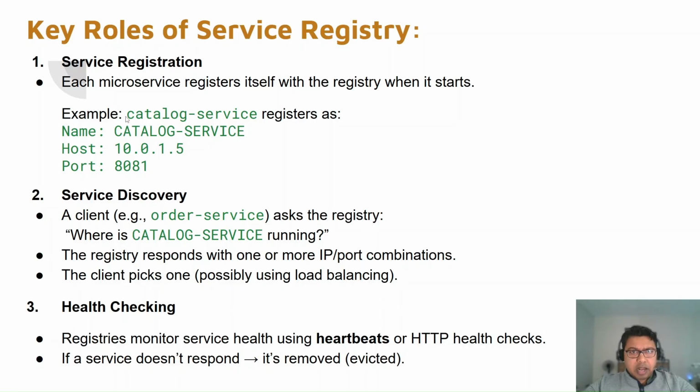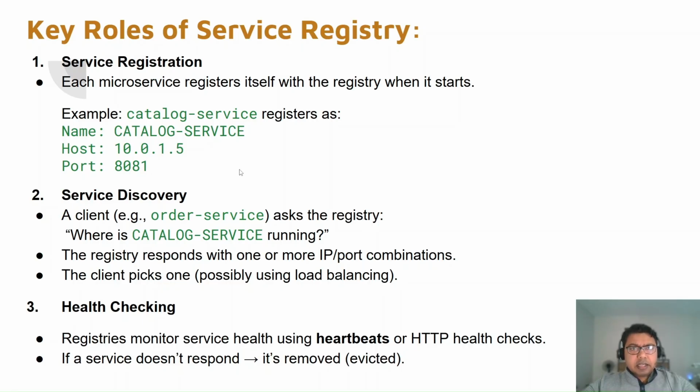When we run or start this catalog service, it will register itself with the service registry. So these microservices will be available in the service registry. If we call the catalog service, the service registry will let us know that this catalog service is now running on this host and this port.